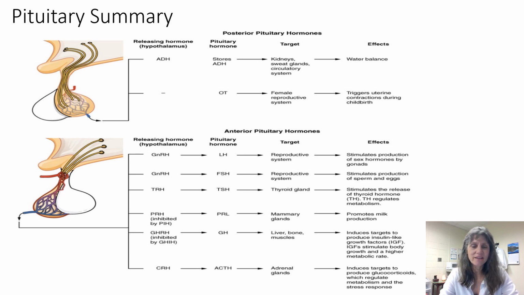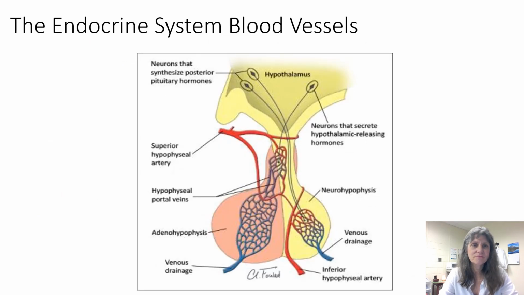And you can see that some of them are releasing hormones, some of them are inhibiting hormones, and then you can see the hormones produced by the anterior pituitary, their target, and some of their effects.